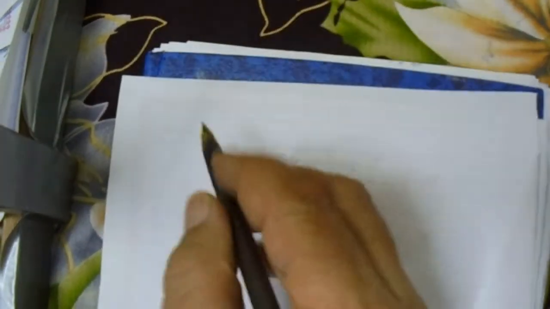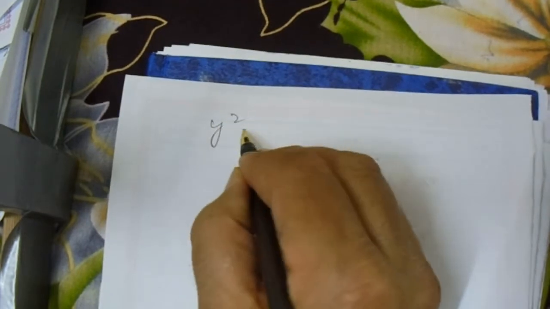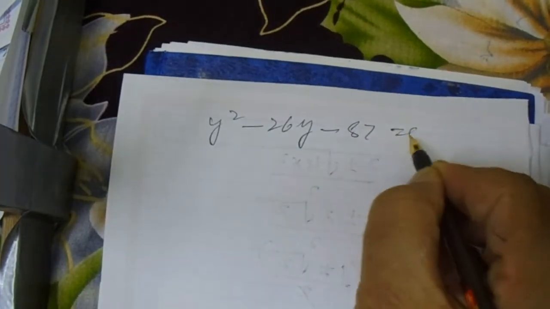Now we go to the next page. We write again: y square minus 26y minus 87 is equal to 0.